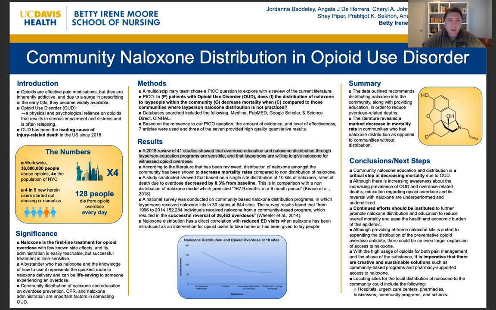A hesitancy by bystanders can delay this timeline to call EMS because of fear of police interaction, which slows a critical intervention. As such, a bystander who has naloxone and the understanding of when and how to use it represents the quickest route to delivery of naloxone and can be life-saving to someone experiencing an overdose.